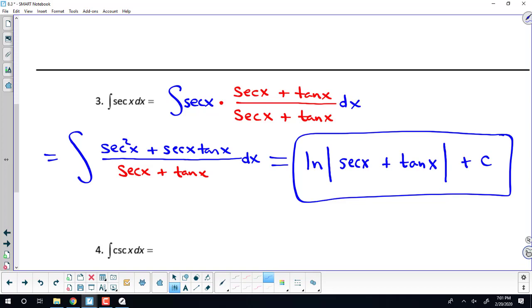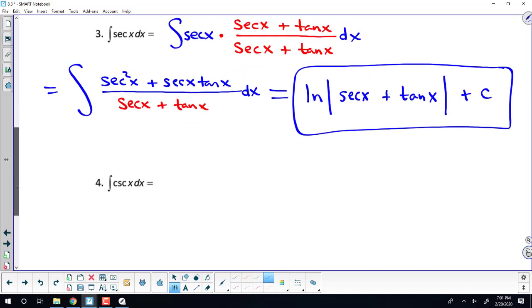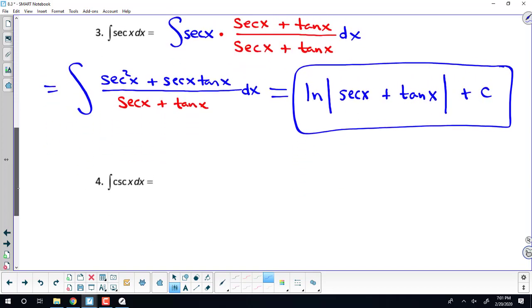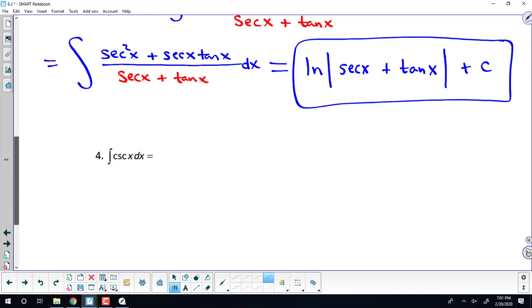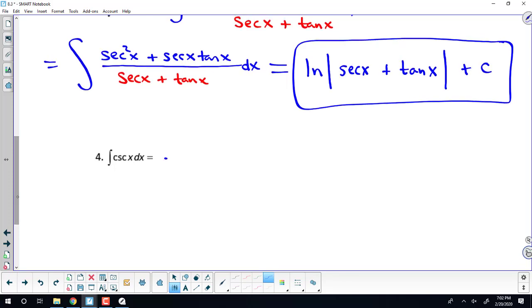Any questions? All right, a similar technique: we multiply cosecant by cosecant plus cotangent over cosecant plus cotangent to get it in log form. It's the negative natural log absolute value of cosecant x plus cotangent x.